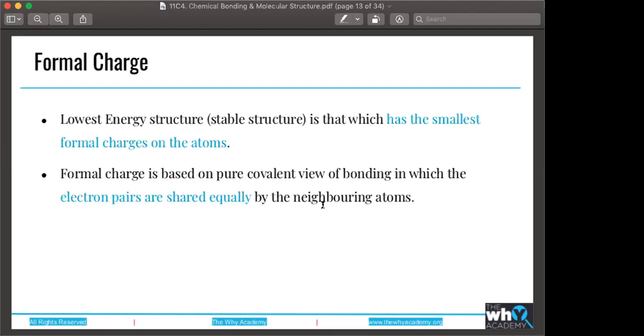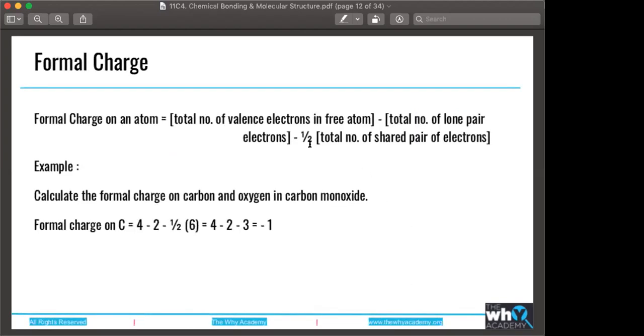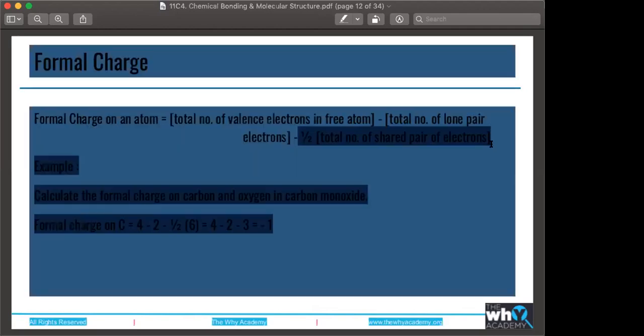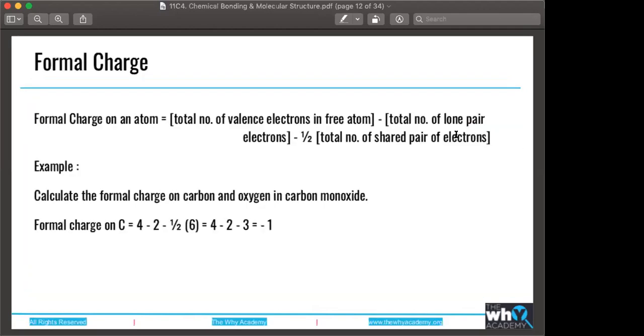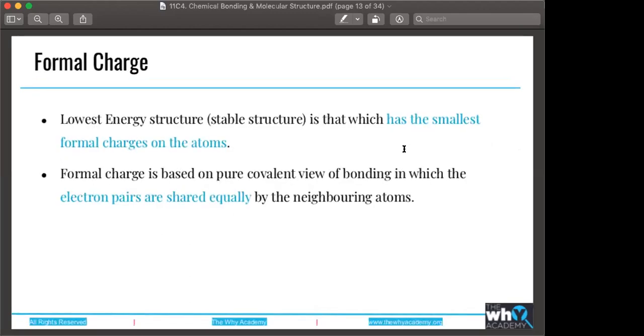The reason we include half of the total number of shared electrons in the formula is that we assume that if carbon is putting in one electron and oxygen is putting in one electron, both atoms are sharing them equally. But in reality that is not the case, because the electronegativities of the two atoms are different, and we will see that one atom has the tendency to pull the electrons more than the other. So this is the concept of formal charge.